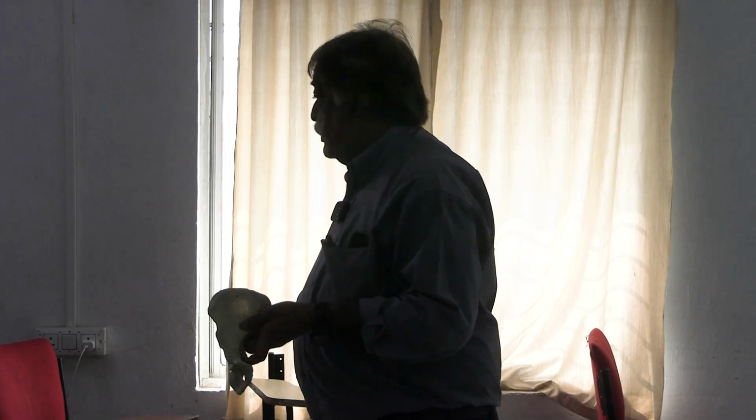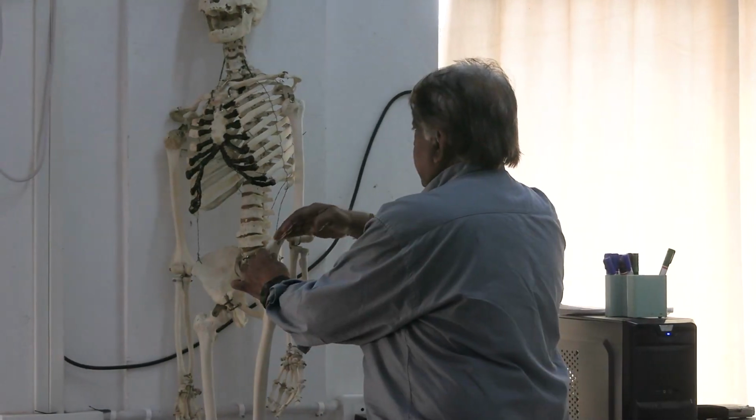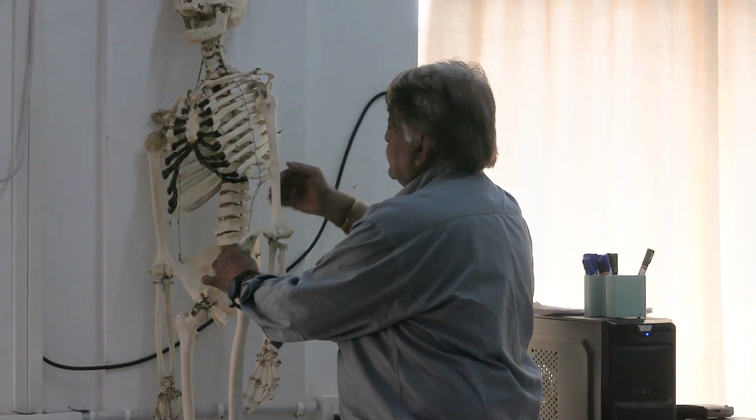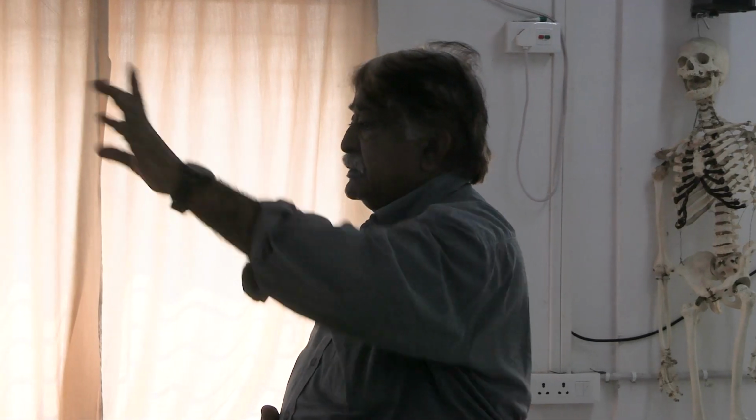And now, from the iliac crest, the muscles are going like this: external oblique, internal oblique, transversus. When you see the dissection of the bodies, you see the muscles, some are open.